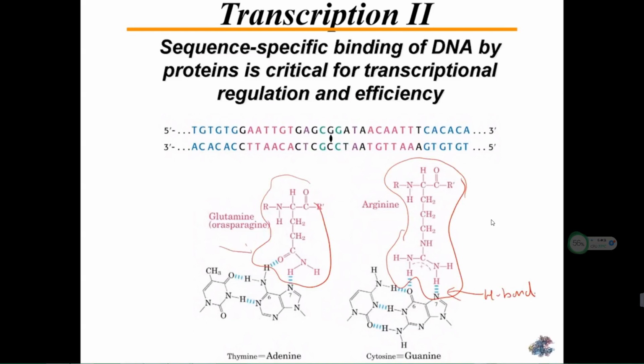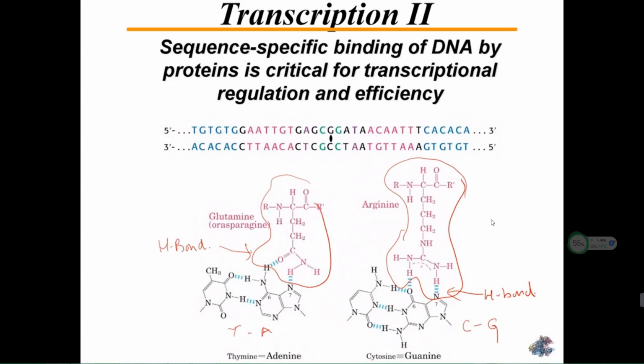So again, here's a T with an A in the region and another C with a G. And when these correct H bonds are made, then you can get increased transcriptional efficiency by the RNA polymerase.